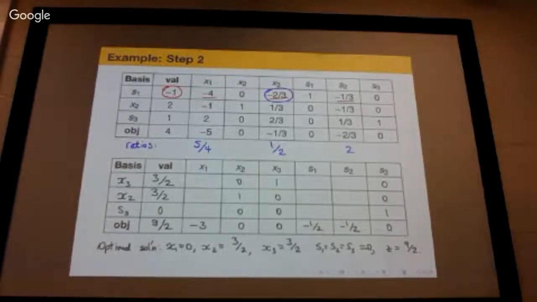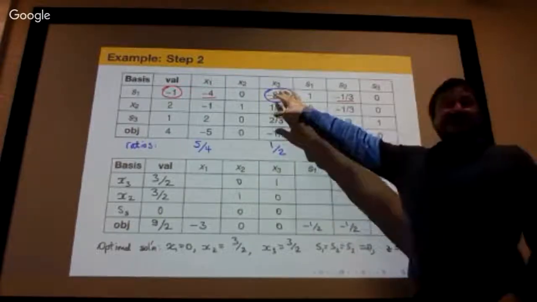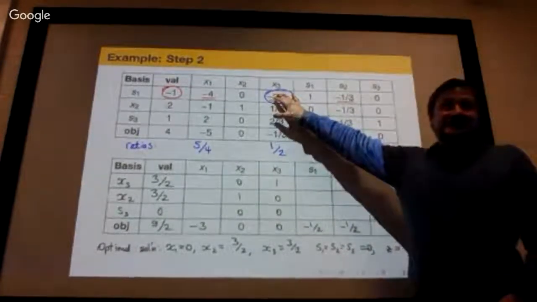And the third question is, why is it called dual pivoting? Because pivoting is really the same as it has always been.